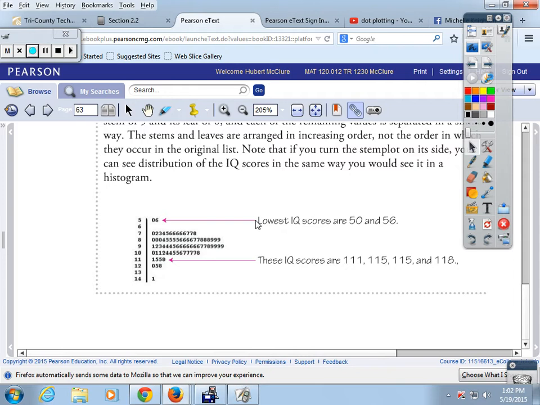If I ask you one of these on a test, I'll either ask you to read it, or I'll ask you if it's a normal distribution, or I'll ask you to make one. I doubt I'll ask you to make one because it takes too much time. This is somewhat of a normal distribution, isn't it? And that's what I want to see if you can do, is see if it's a normal distribution. Let's look up here at the other one.